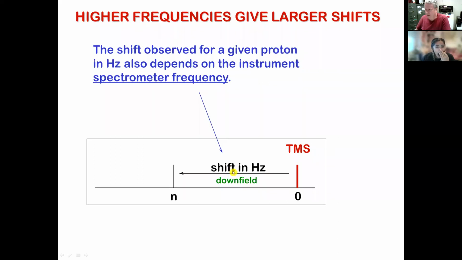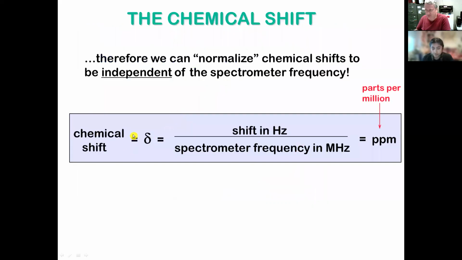Hertz is bad because it's dependent on the spectrometer frequency. So we have this thing called chemical shift, and you don't have to calculate this, you don't have to know the formula, but it basically converts hertz into a universal scale on the x-axis. And it's called ppm, parts per million. It's the universal measurement of chemical shift.